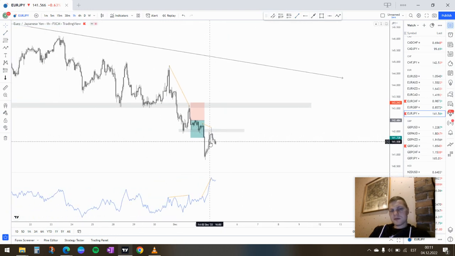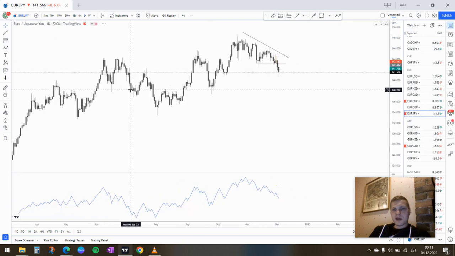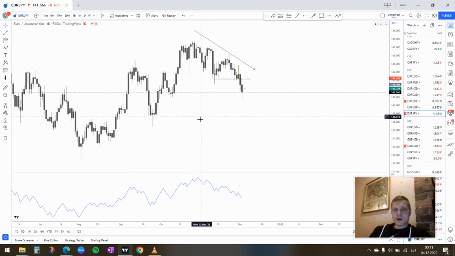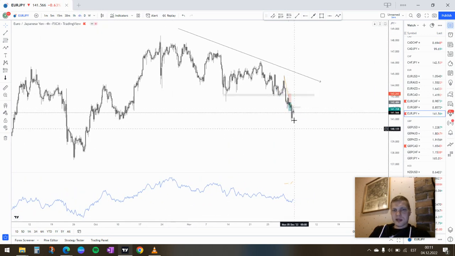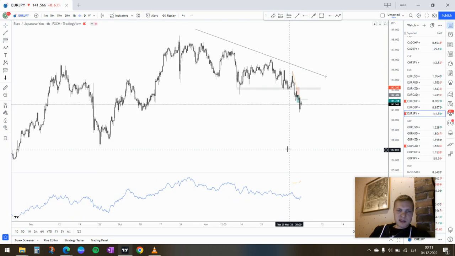So it's probably going to move down. It's probably going to do something over here. Right now, it's like no man's land. There is kind of something happening here, but price had already reacted here. So I think it's going to drop somewhere over here.